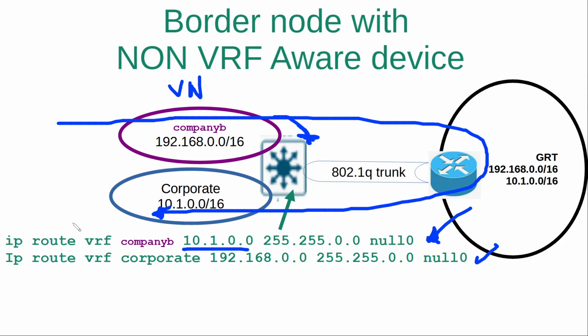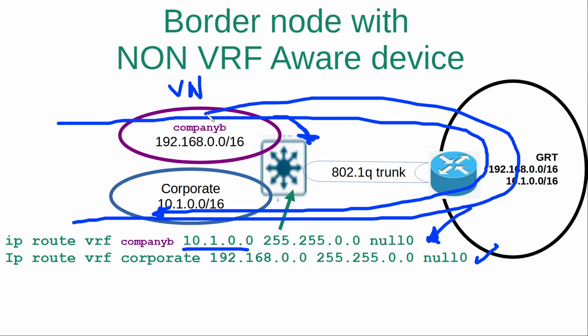And in order to avoid traffic coming from corporate landing in the company B, I'm going to create this other static route. So I'm going to drop that traffic here at the border node.